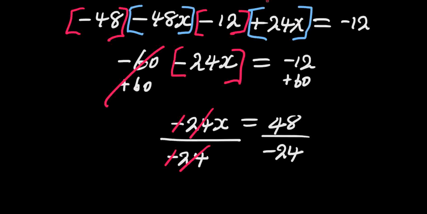We cancel 24 from here. And 24 into 24 is 1. And 48 divided by 24 is 2. So this would be equals to 2 over negative 1. And 2 divided by negative 1 is negative 2. So your answer is negative 2.